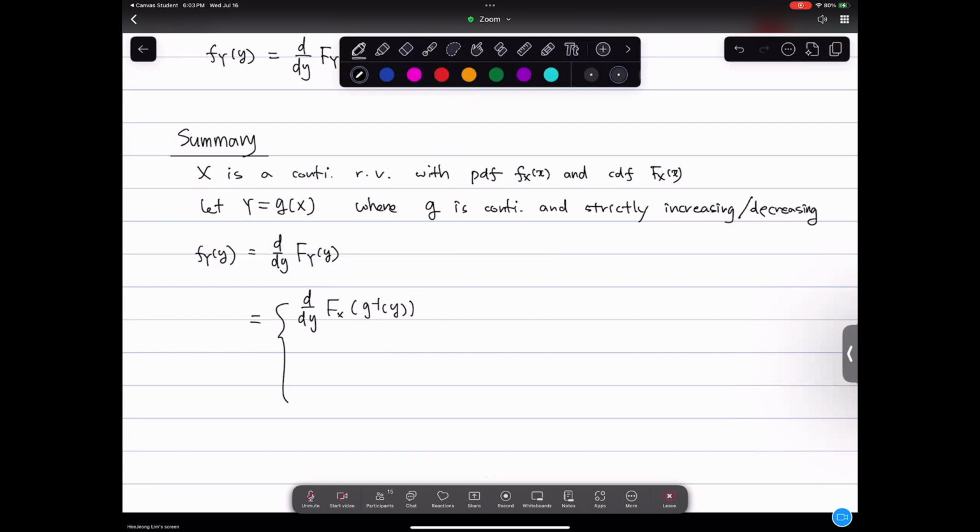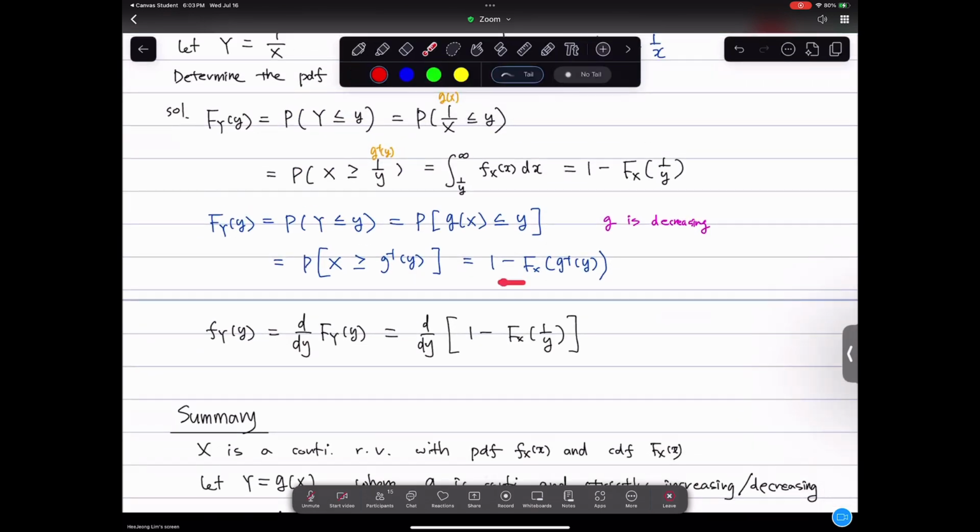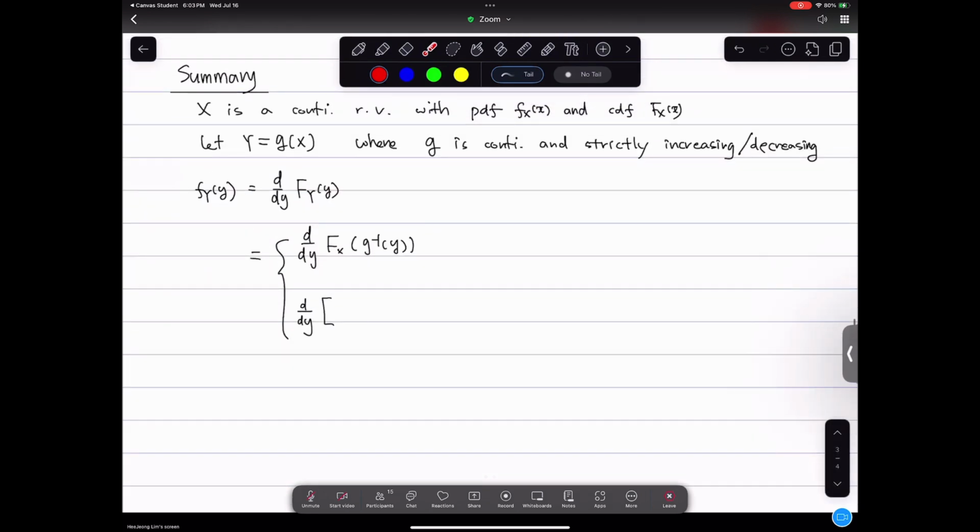And if I have a decreasing function, then I'm getting the derivative of this function, which I just showed you up here, which looks like this. So that's what I want. I want to take the derivative of that function. So 1 minus the f of x and G inverse.